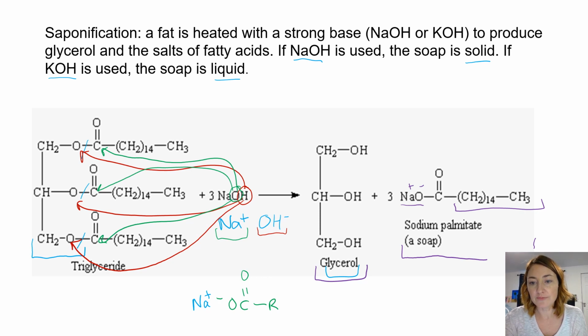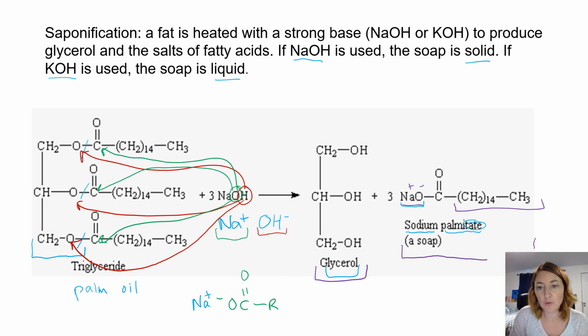And what we reform is sodium palmitate. Again, you don't have to know the name of this, but if we started with palm oil, we name the metal just like we did before, and then we name it as an ester, palmitate.